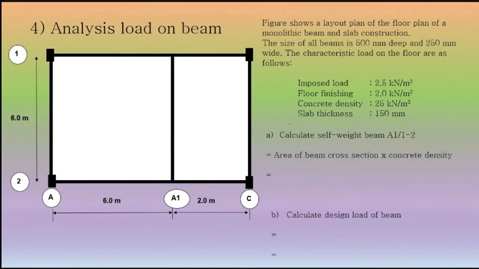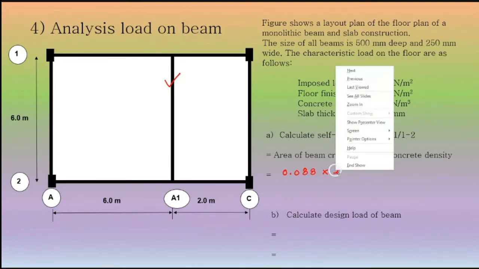Okay, next. Kita tengok sini, kita nak calculate self weight beam. Kita nak calculate self weight beam A1 ni. Ni, beam A1, 1, 2. Okay, calculate self weight beam. So, self weight beam sama dengan area of beam cross section kali dengan concrete density. Just now kita dah dapat area of cross section 0.088 times with concrete density. Concrete density is 25.